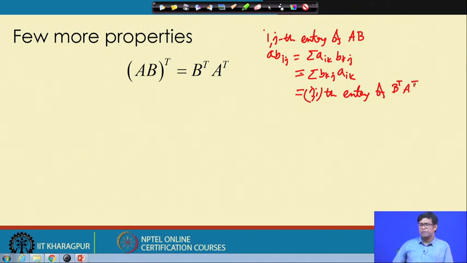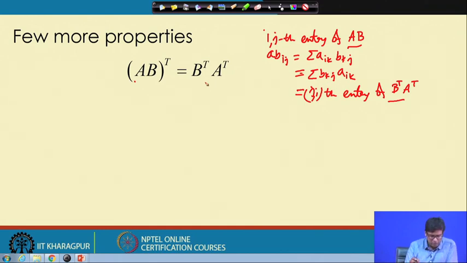Students can take an example matrix A and B and try this sum, and we will check that the ijth entry of AB is the jith entry of B transpose A transpose. Therefore, (AB) whole transpose is B transpose A transpose.